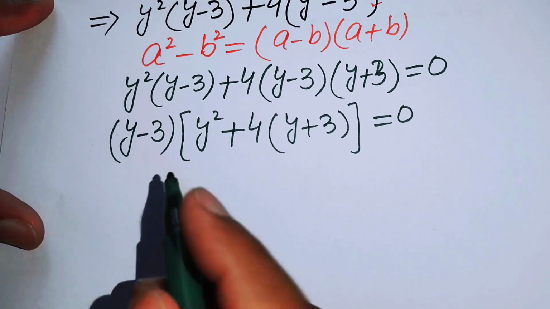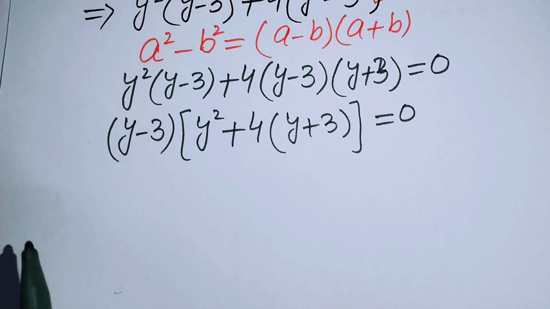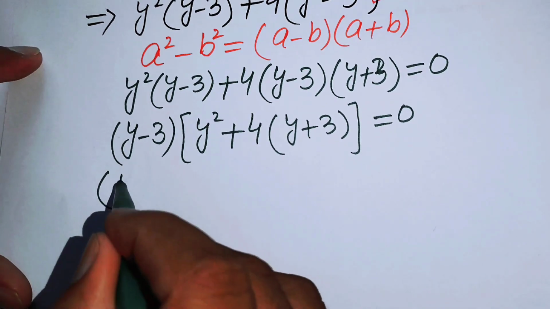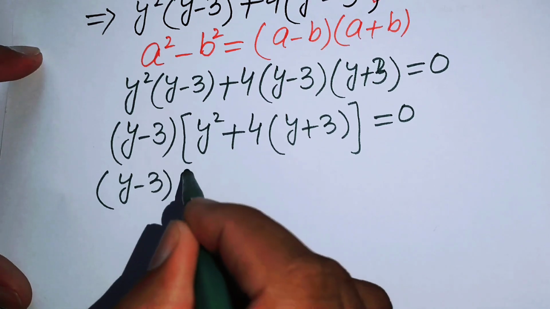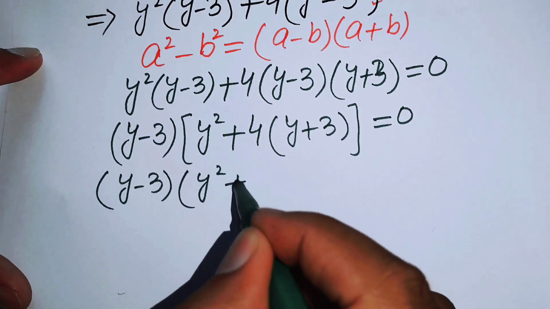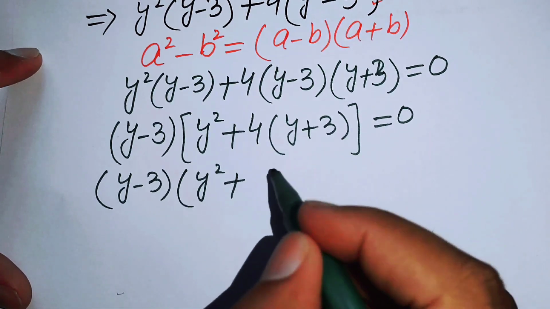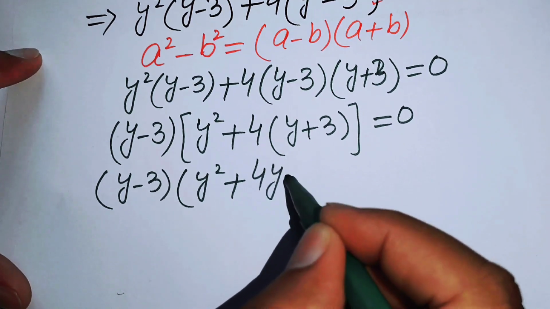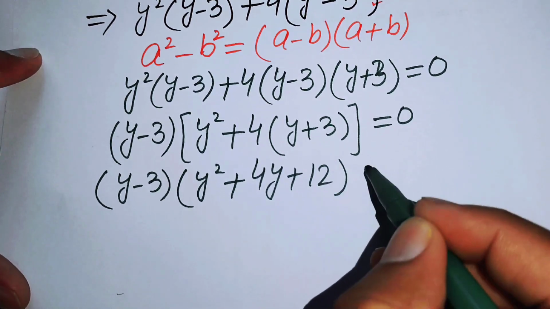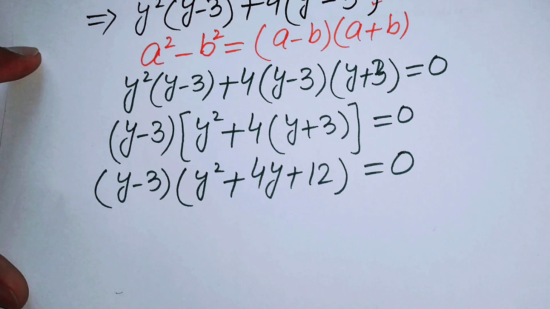Now we can simplify the terms, and we write y minus 3 times y squared plus, we multiply this 4 on both of the terms, and you get 4y plus 12 equals 0.